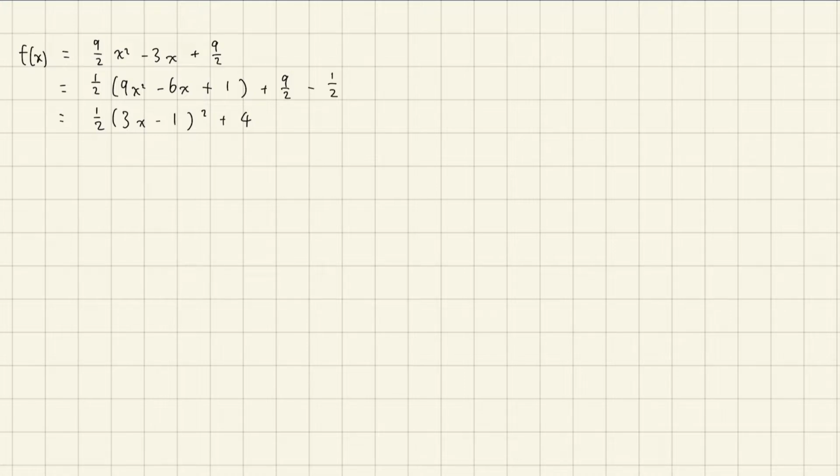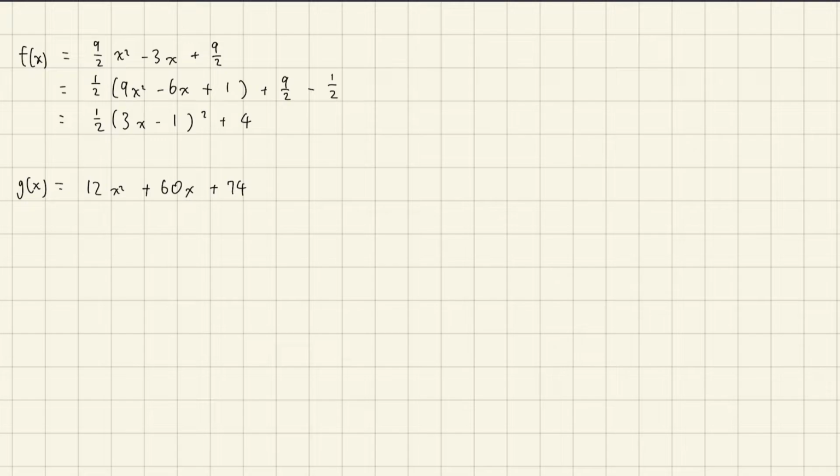Now that we have f of x, next we'll be finding the vertex form for the function g of x. Here, we can rewrite g of x as 12x squared plus 60x plus 74. Once we do that, we can factor out 3 to make the function 3 times 4x squared plus 20x plus 74.